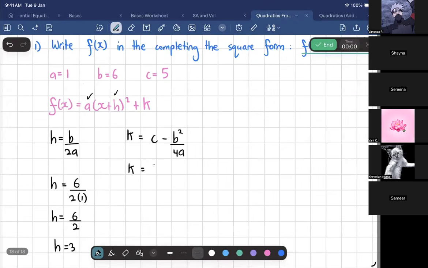C will be 5, minus B squared, which is 6 squared, over 4 brackets 1. Cool. So we're going to write 5, then minus 6 squared. 6 squared is 36, my bad. 4 by 1 is 4.